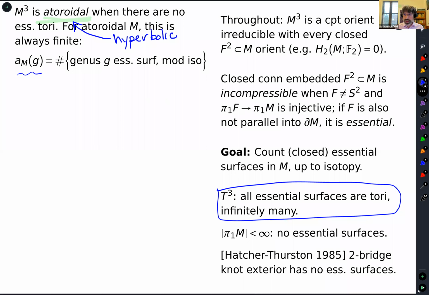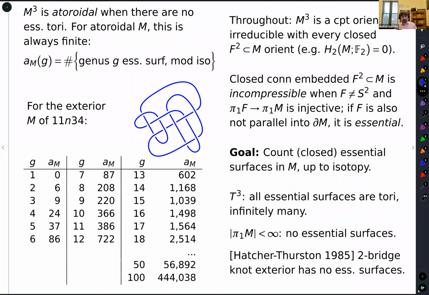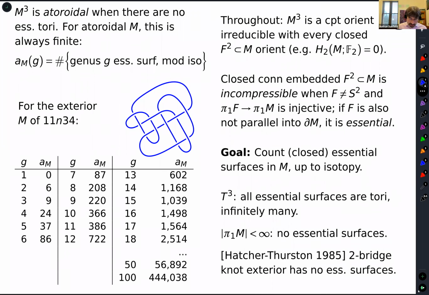So let's see an example of these counts. I'll again use one of these knot exteriors. This is the Conway knot, and the exterior of the Conway knot is a hyperbolic manifold, it turns out. And here is a table of the counts of surfaces of various genus. In genus 1, there aren't any.